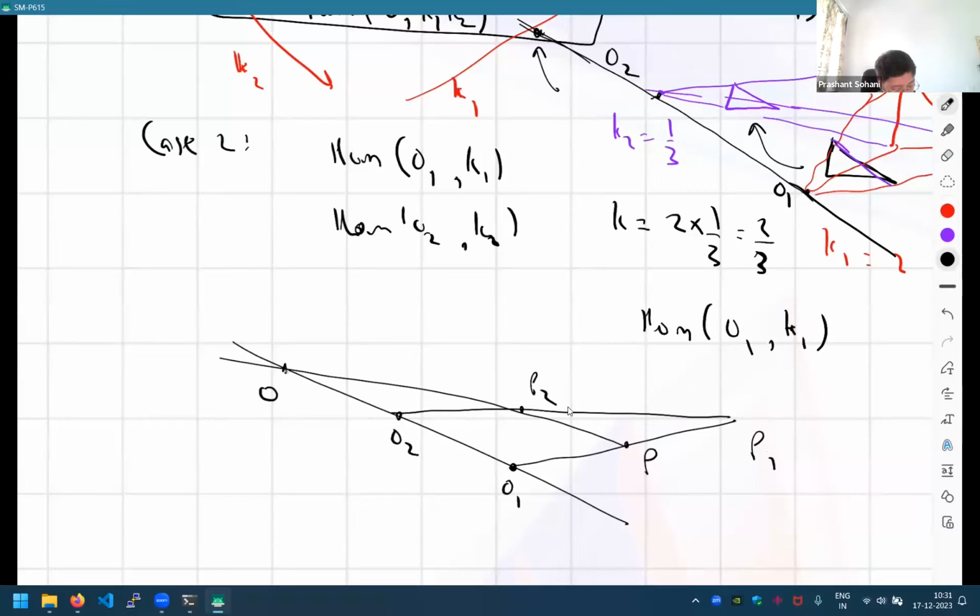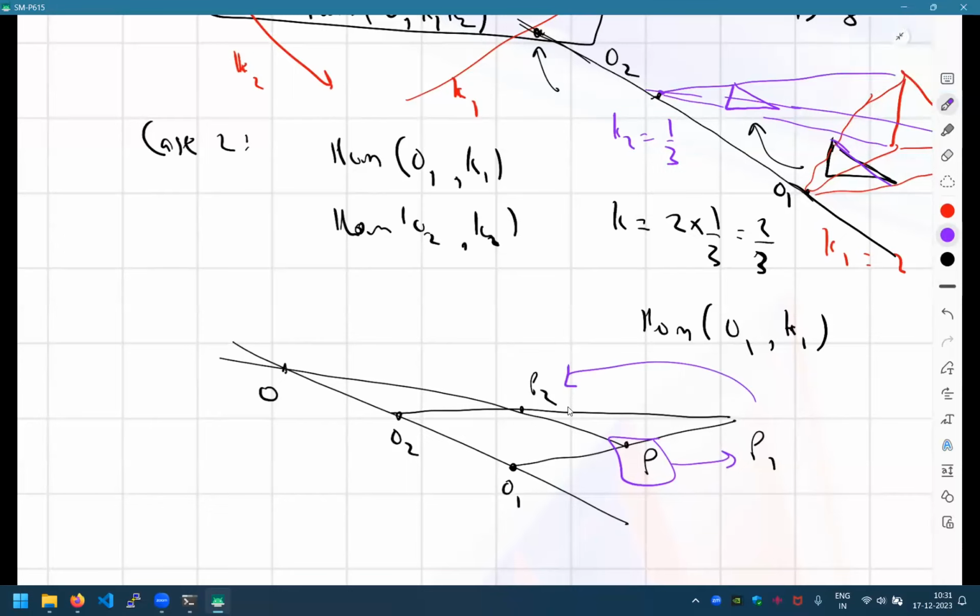To locate this point O, I am free to choose this point P anywhere in the plane. So which point should I choose to simplify my diagram? Which is that special point for which computing this chain of steps, like going from P to P1, P to P2, P1 to P2, can be simplified?